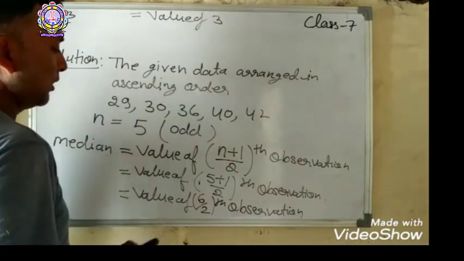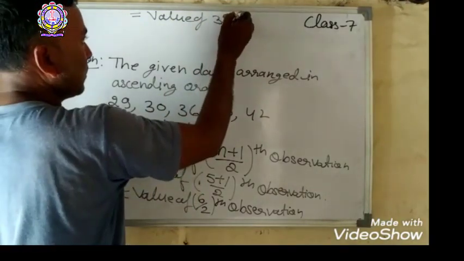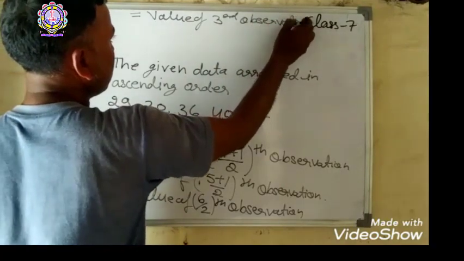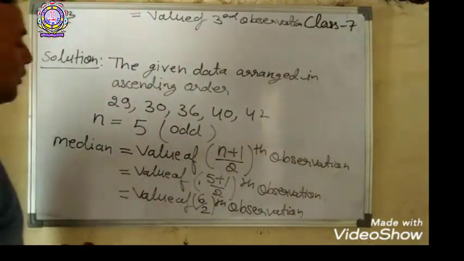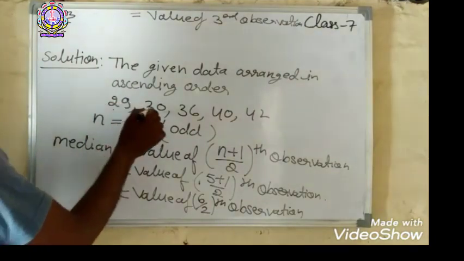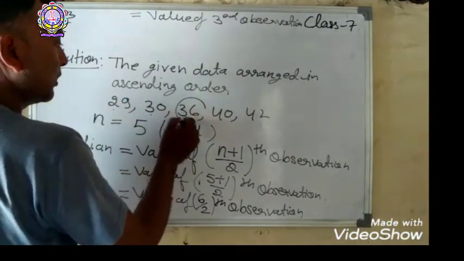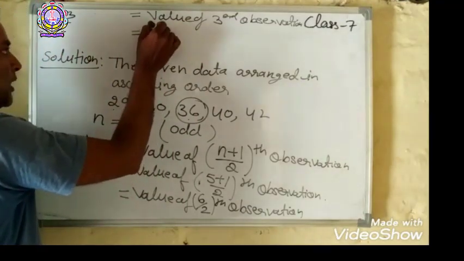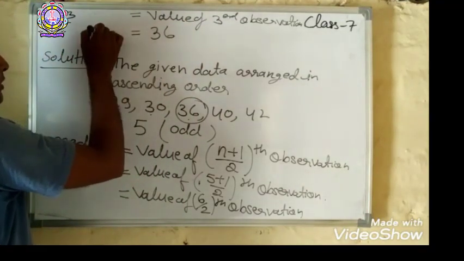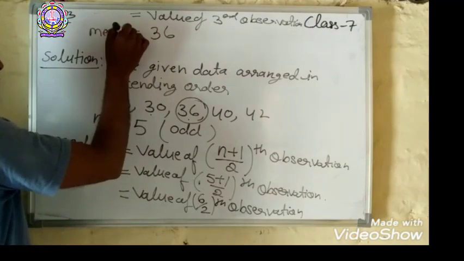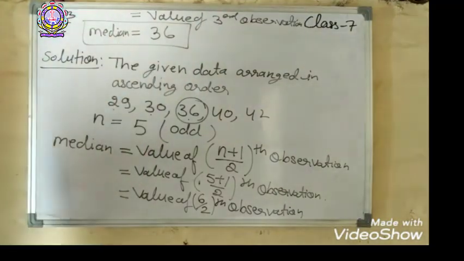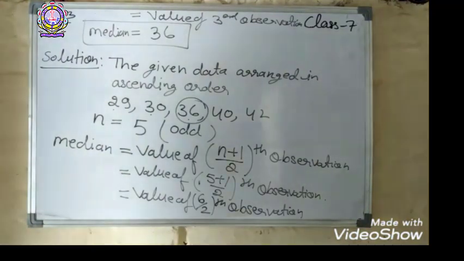Yes, that is the third observation. What is the third observation? 1, 2, 3. That is the third observation. What is the median? Median is equal to 36. It is clear.